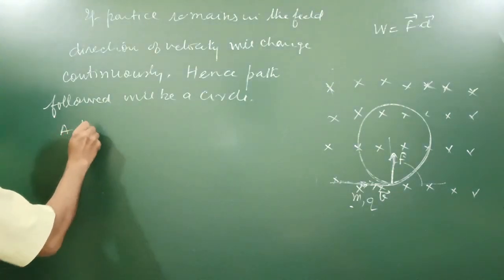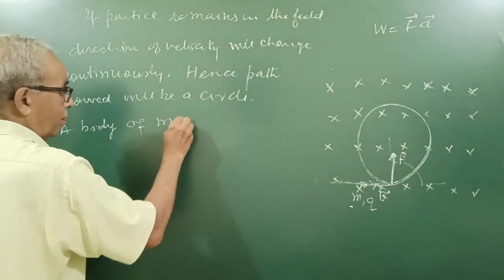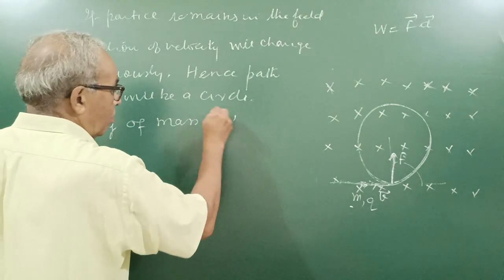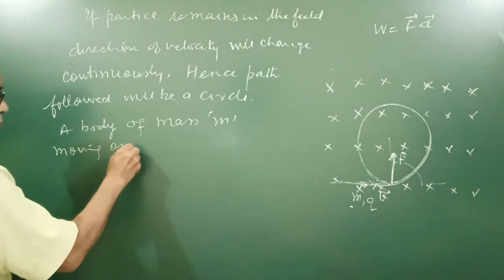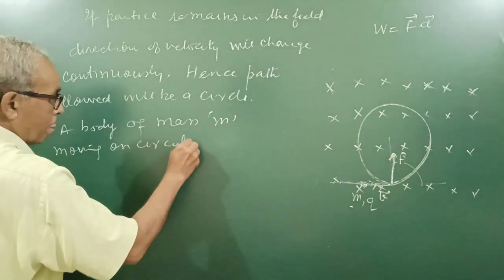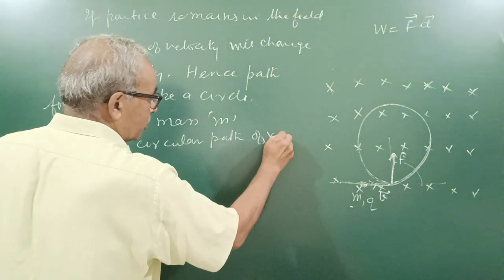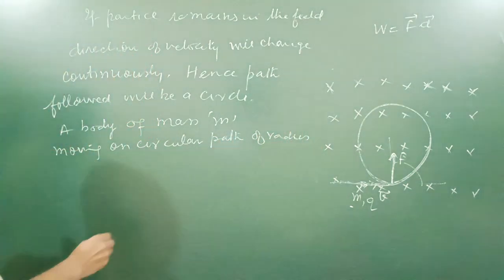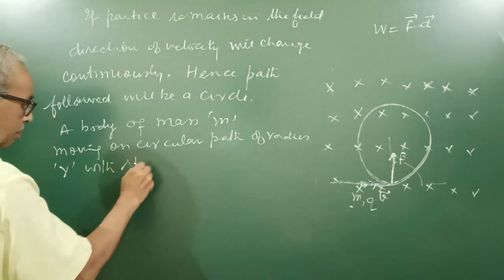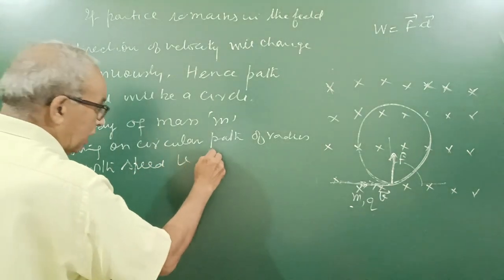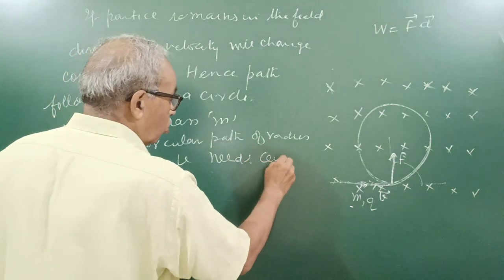A body of mass m moving on a circular path of radius r with speed v needs centripetal force.